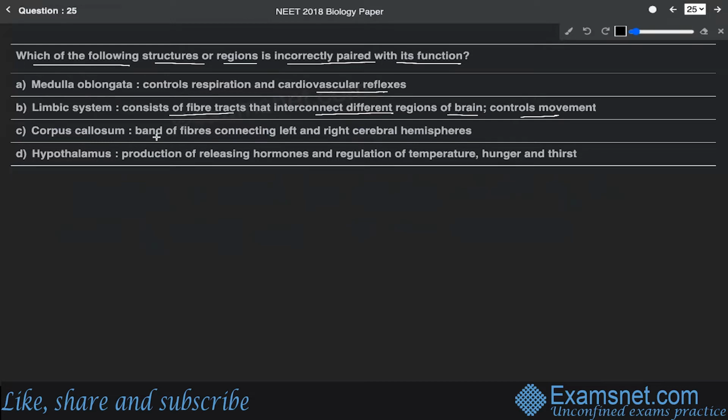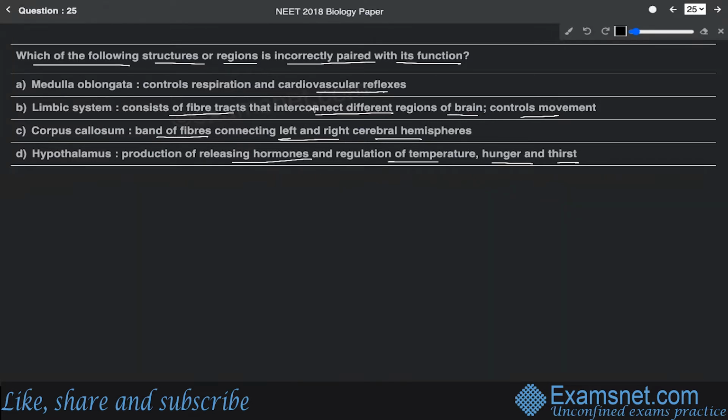Corpus callosum, bands of fibers connecting the right and the left cerebral hemisphere. And hypothalamus, that is related to the production of releasing hormones and regulation of temperature, hunger, and thirst. Now, this question has been asked from the chapter of neural control and coordination, from your standard 11.